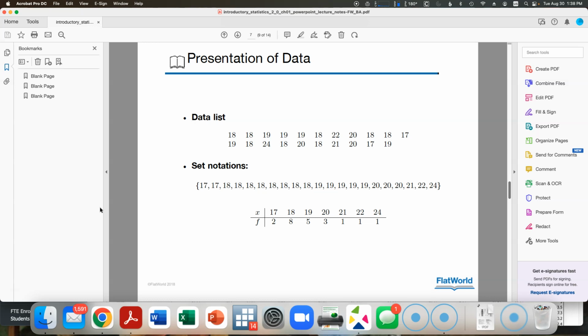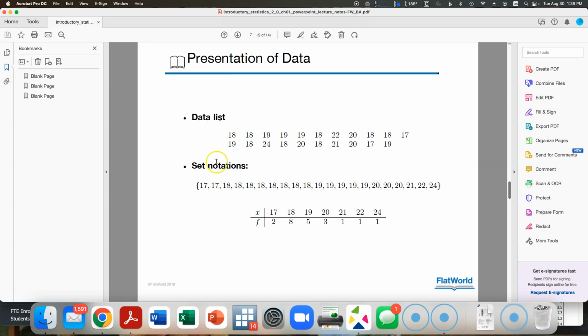And so you can present it again with the data list, having it presented here with spaces in between, or in set notation, where you distinguish it with commas in between each of the individual measurements. Commas, again, you could imagine semicolons being used, but something consistently being used between them.